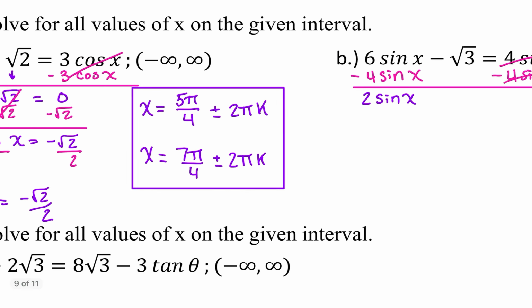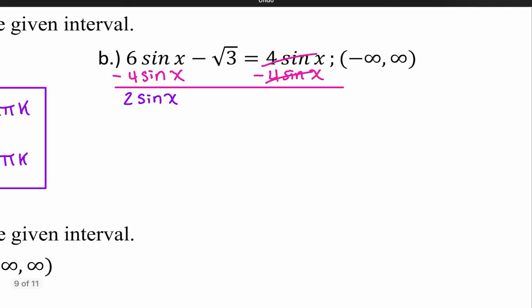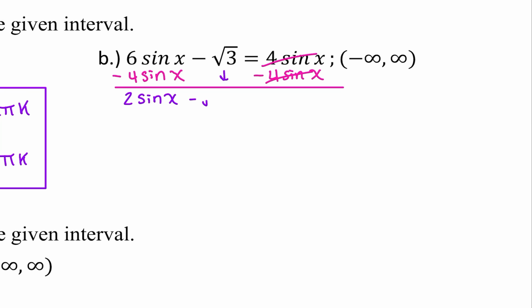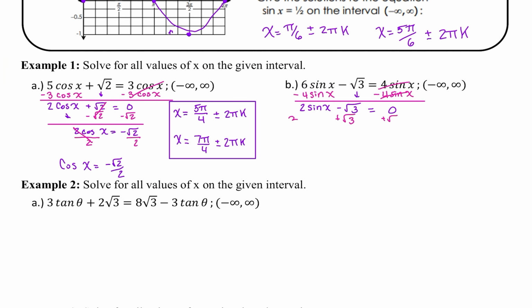Bring down this minus the square root of 3. And over here that canceled, so I just have 0. All right, we'll add this square root of 3 to the other side.